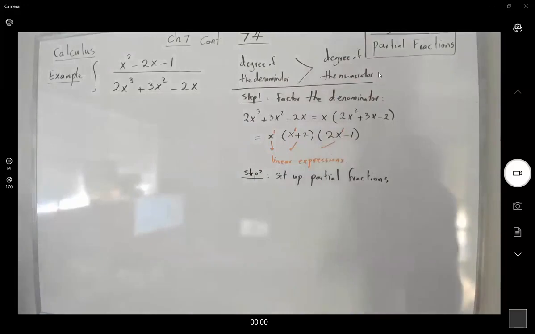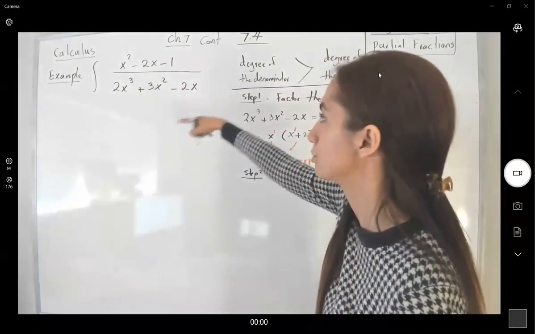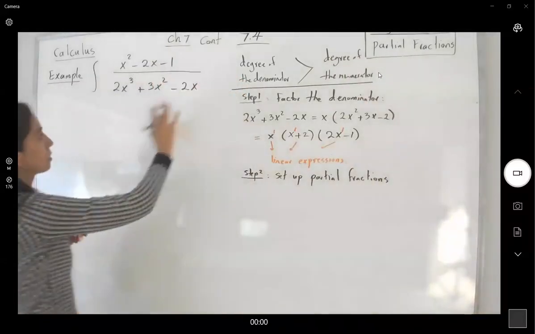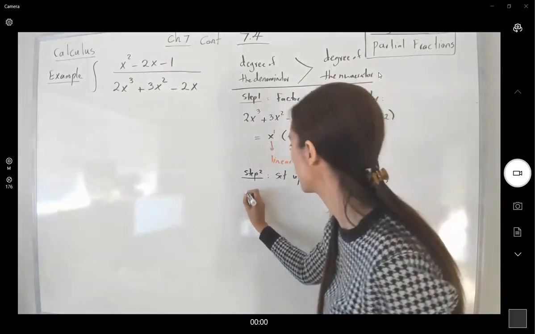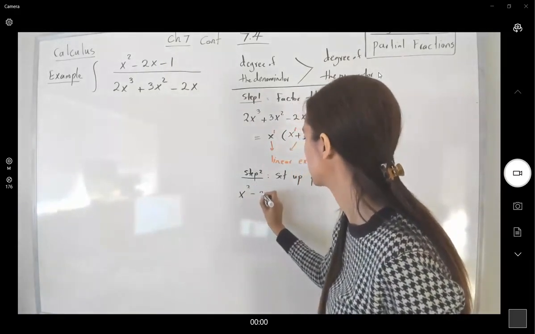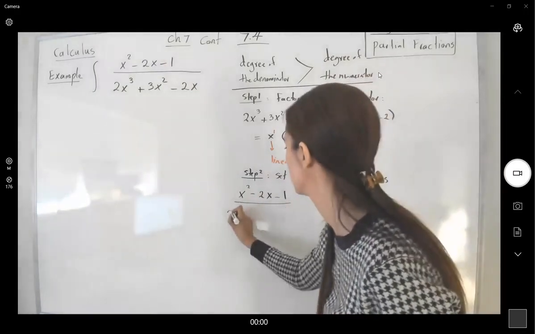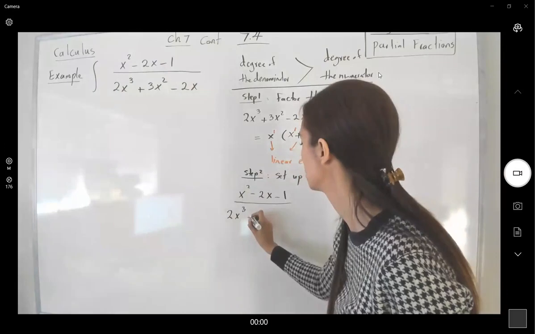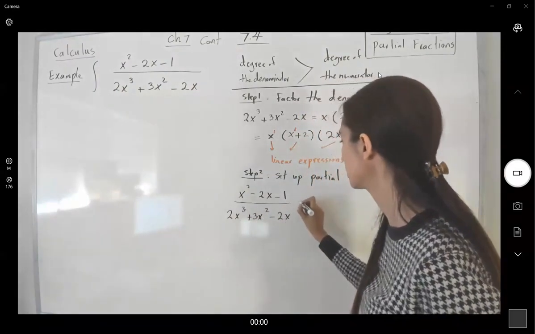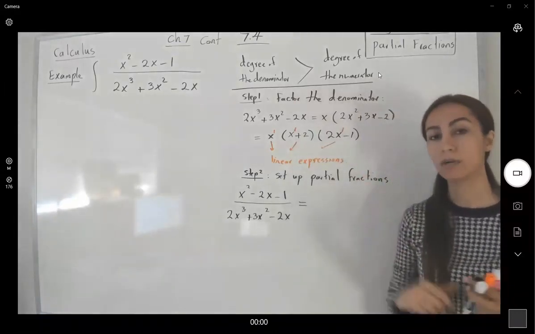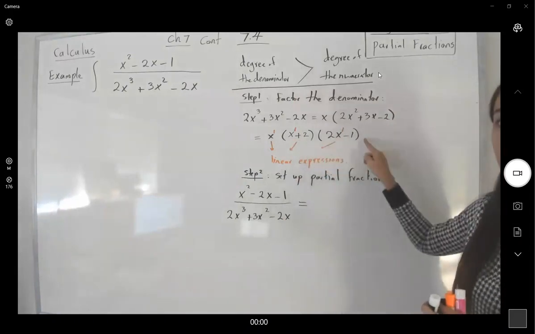The setup is: you take the original quotient, the fraction that you have, x squared minus 2x minus 1 divided by 2x cubed plus 3x squared minus 2x. You set it equal to the sum of three fractions with these denominators.